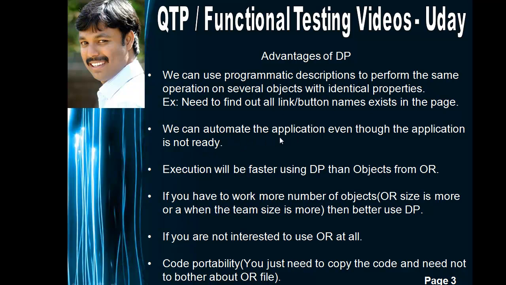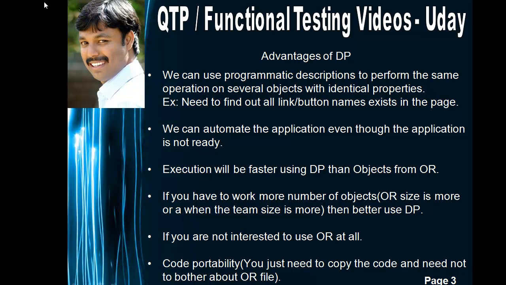We can automate the application even though the application is not ready. In some product or project development, if there is good coordination between the development team and testing team, the developer will give a template of the web page, where they list out all the objects that will be displayed.